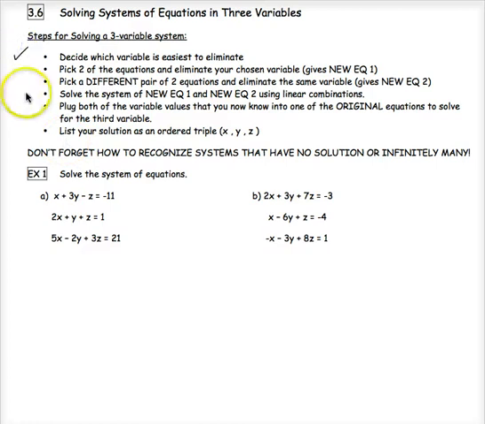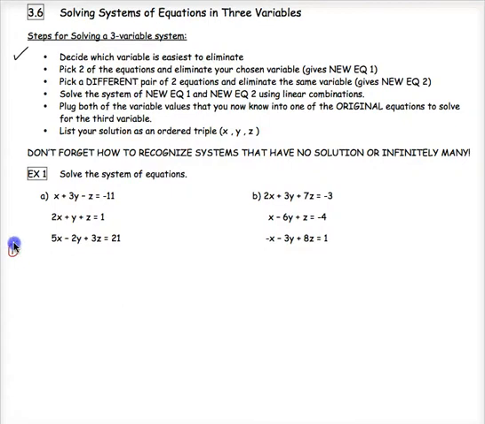So I decided which variable was easiest to eliminate. So check on that. Now I need to pick 2 of the equations and eliminate that variable that I chose. So here I'm going to eliminate z. And first, I'm going to choose equation 1 and equation 2. This work gets really long. These problems take a while, so you need to tell me by labeling which equations you're using.